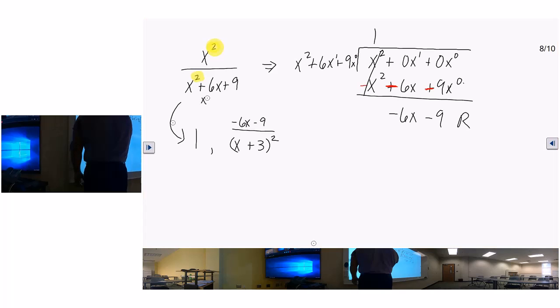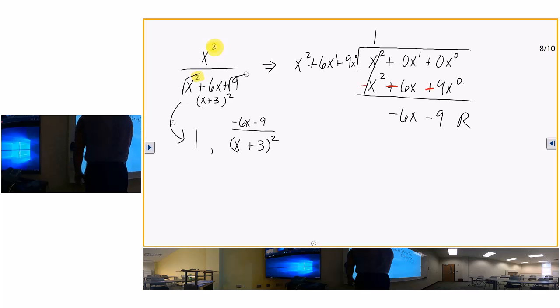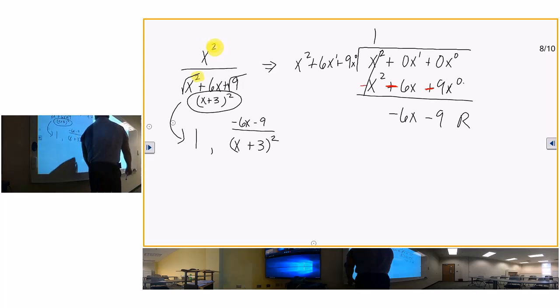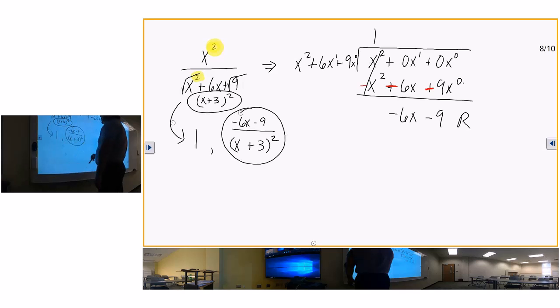Square root of that is x, square root of that is 3. Now, you've got part of this answer as a mixed fraction, as a partial fraction. So we need to do this partial fraction so we can finish writing our answer.